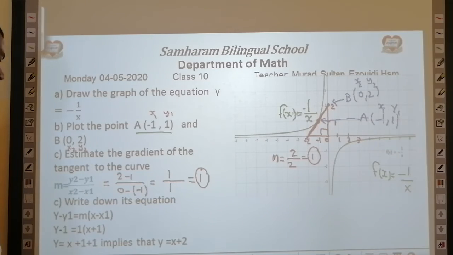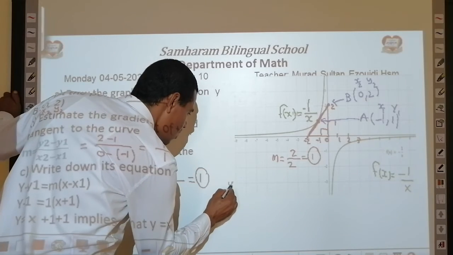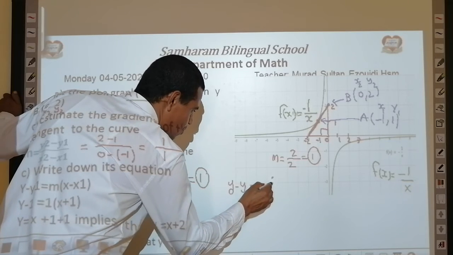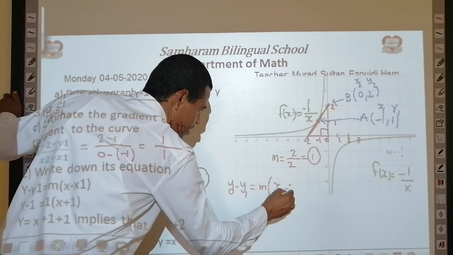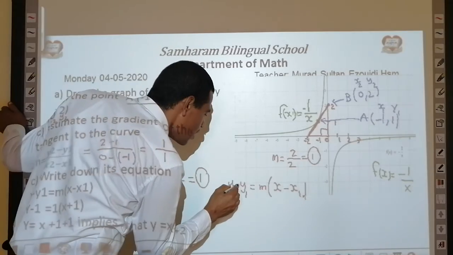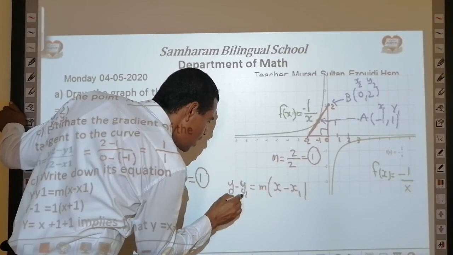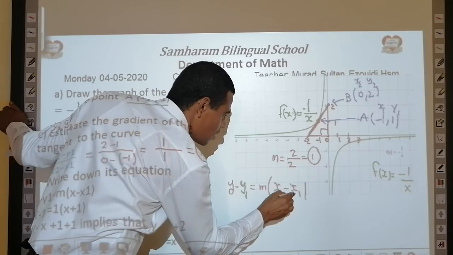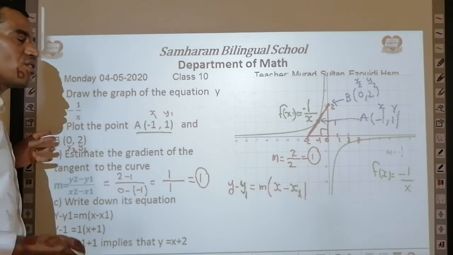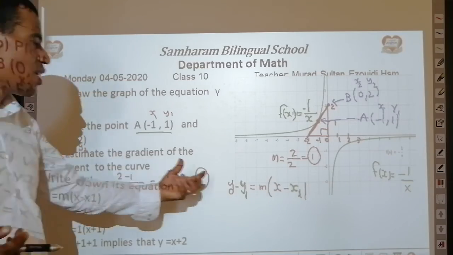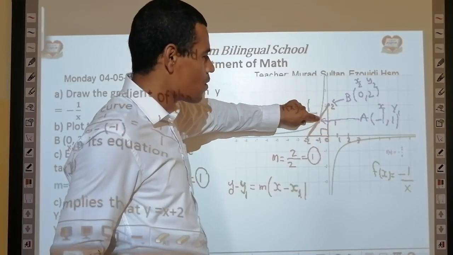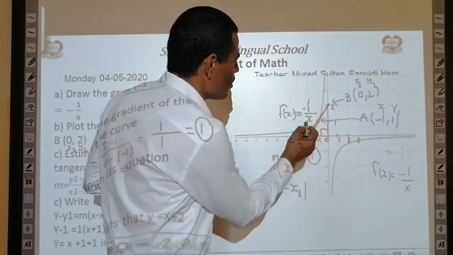Now we move to write its equation. We told that y minus y1 is equal to the slope or the gradient multiplied by x minus x1. Okay, here my learners, you should be careful with the y and x coordinates of the point of tangency or the point of contact. It means the point that passes through the curve and the tangent, with its normal.